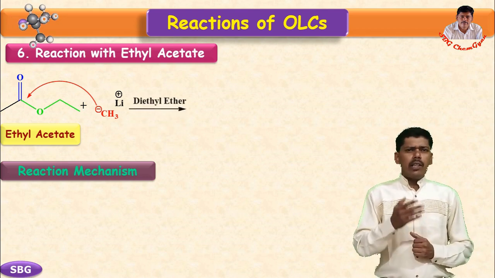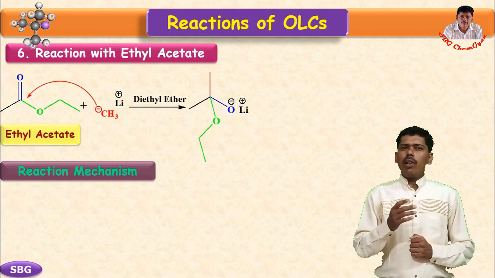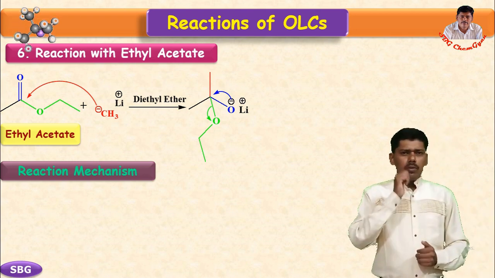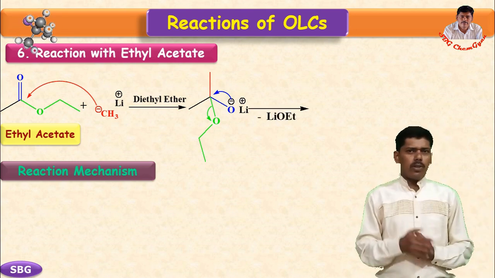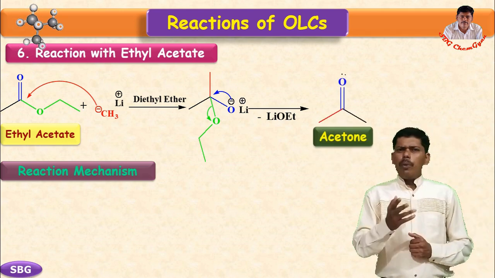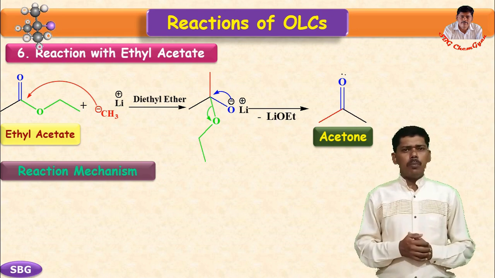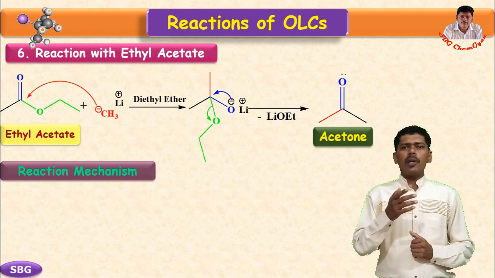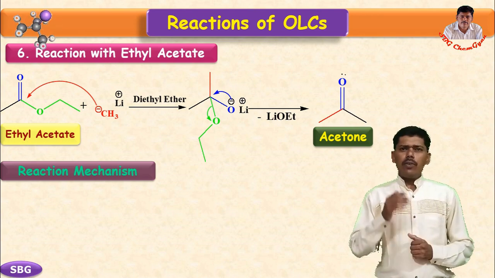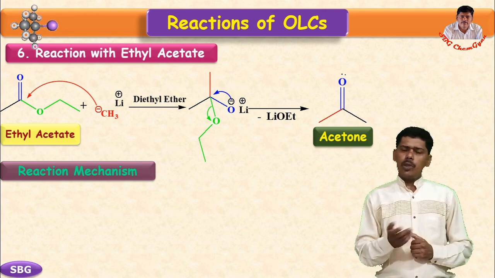Initially, we get a tetrahedral intermediate addition product, which on loss of ethoxylithium forms a ketone, that is acetone, which we can see here. Our required reaction is completed with a single molecule of methyl lithium with ester, whose product is acetone, but we can continue this reaction with the addition of another molecule of methyl lithium.